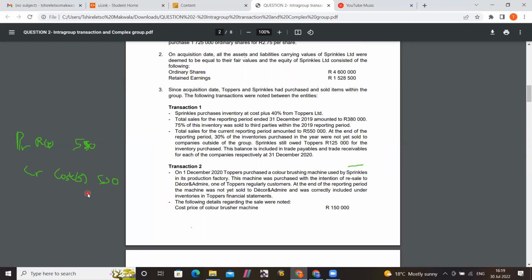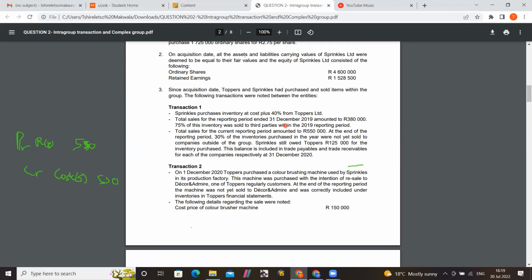Number two, you still have to record the unrealized profit, because what did I say? I said pro forma journal entries are always scrapped year after year. So even though most probably in December 2019 you prepared consolidated financial statements, they are scrapped.